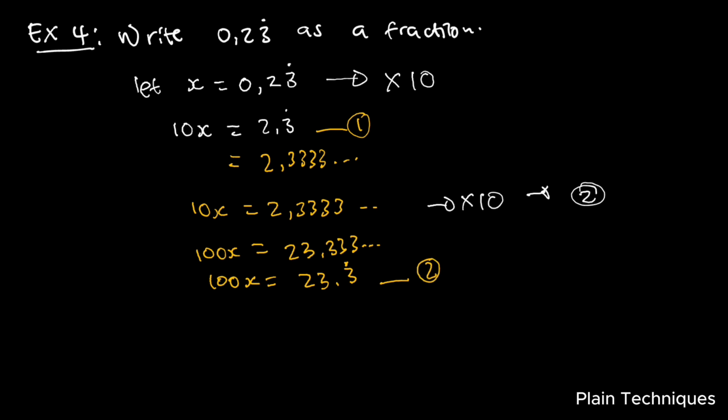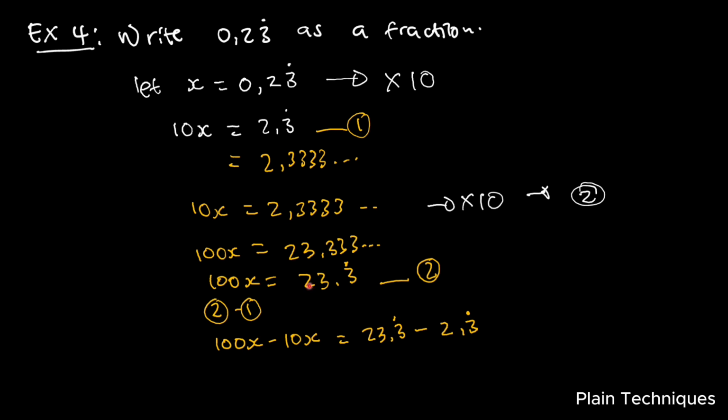Step 3, you need to say equation 2 minus equation 1. What do we have on the left hand side for equation 2? I have 100x. So it's going to be 100x minus 10x, which is 90x. And on the right hand side, it's going to be 23.3 recurring minus 2.3 recurring.